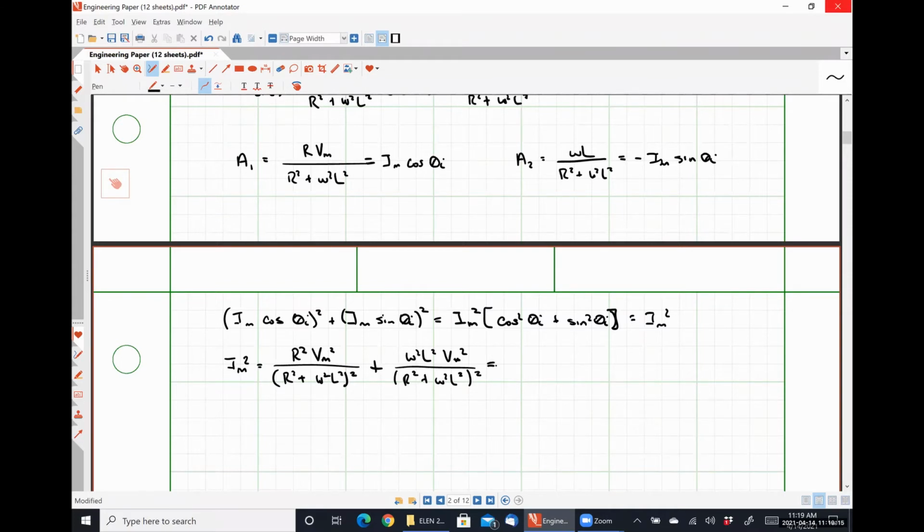So that's just my Im cosine theta I squared plus my Im sine theta I quantity squared, which I know has to be equal to Im squared.